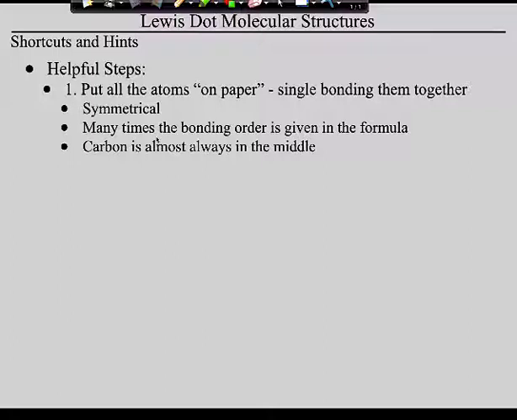Now guys, in addition to the idea that carbon is always in the middle, there are some atoms that are never in the middle. And those include hydrogen and the halogens. And if you don't remember where the halogens are, you may want to look at your periodic table and remind yourself. Guys, the hydrogen and the halogens will never be in the middle.